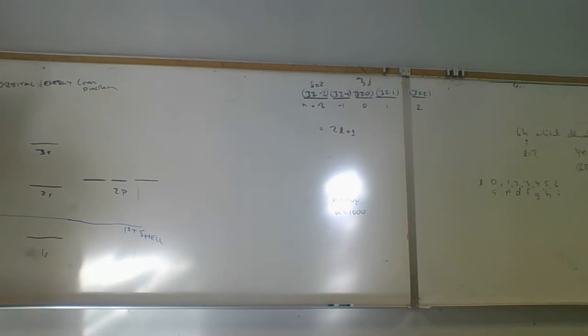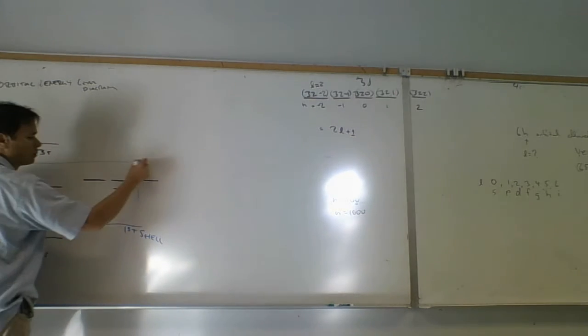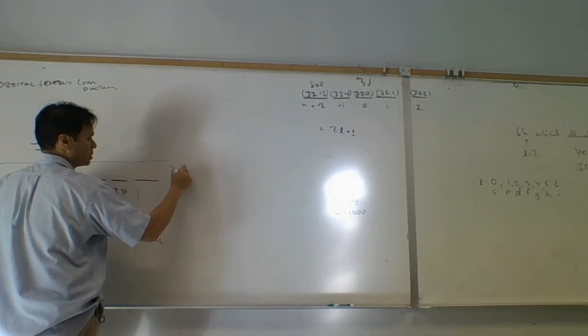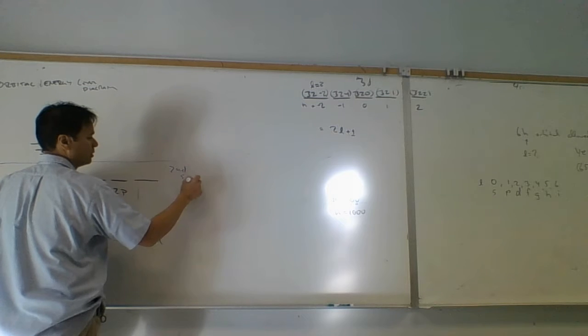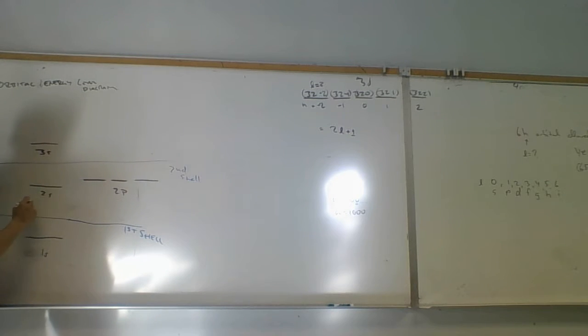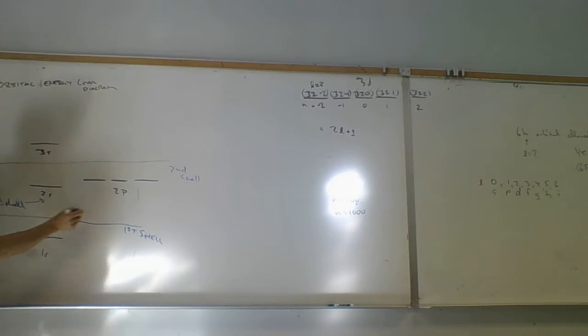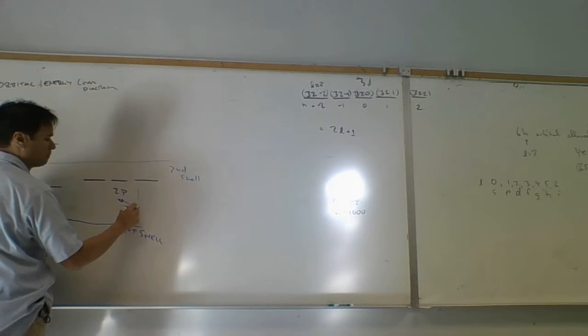The next shell will consist of 4 orbitals, the 2s and the 2p. So this will be the second shell. In the second shell, there are 2 subshells. We have the 2s subshell and the 2p subshell.